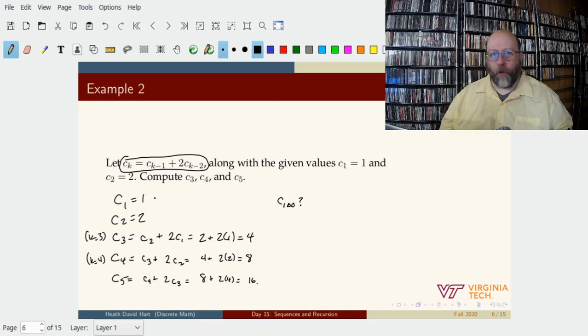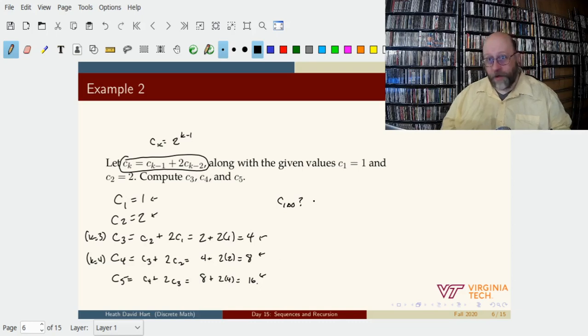If I had a formula that computed these directly, and it looks like we could come up with one, they're the powers of 2. C sub k turns out to be 2 raised to the k minus 1 power. 2 to the 0 is 1, 2 to the 1 is 2, 2 squared is 4, 2 cubed is 8, 2 to the 4th is 16.